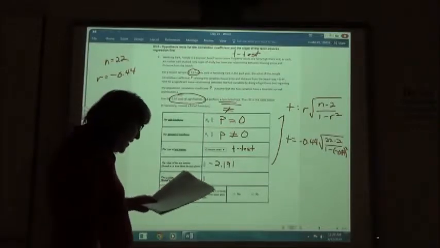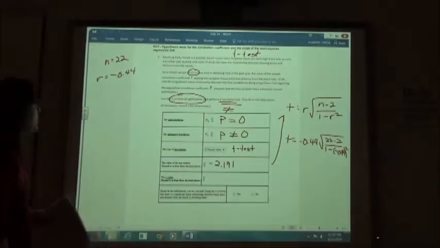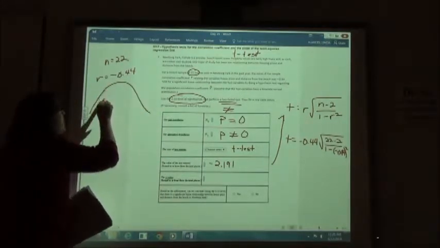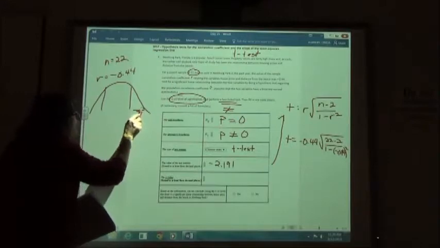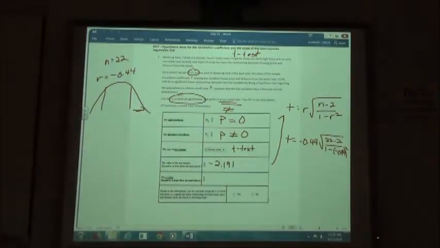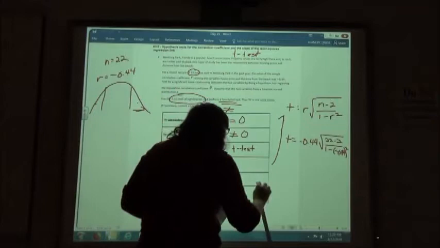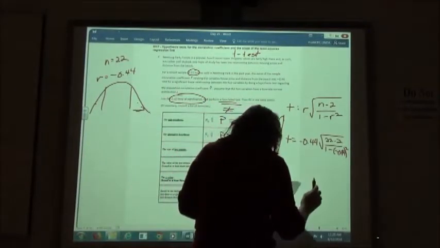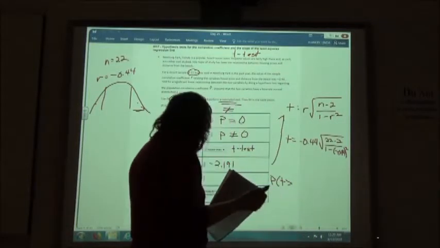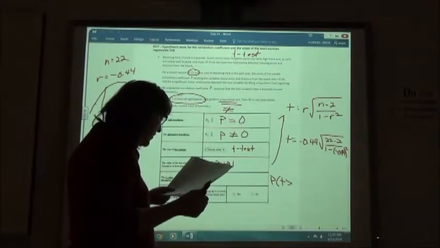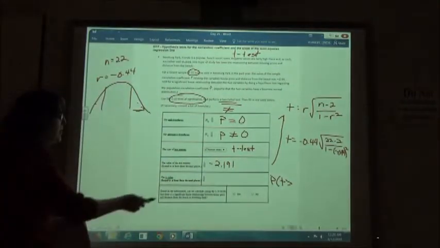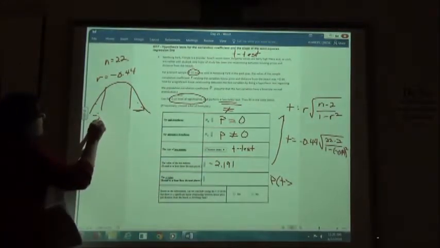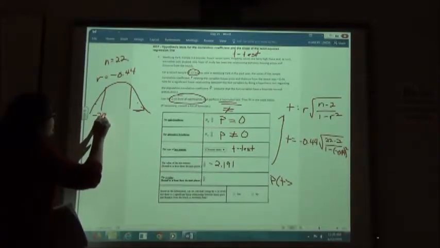So we are going to do our p-value. Since it's a two-tailed test, remember we're testing just this side, but we're also going to have the same value on this side. So I am going to do P of t is greater than our test statistic, which I have to fix because notice this was negative 2.191.